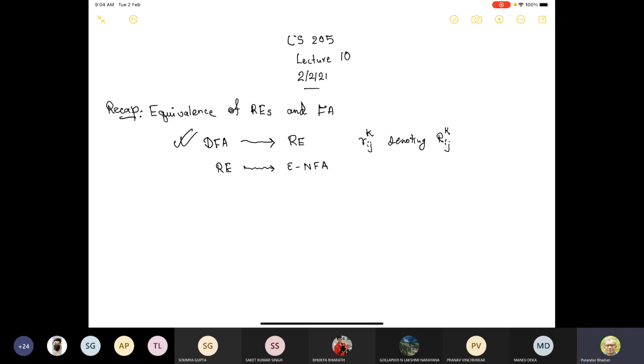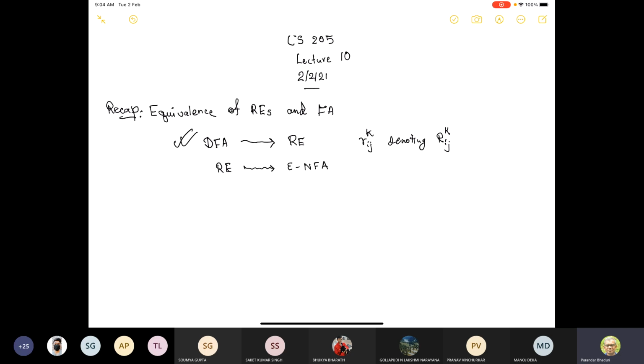But we have seen that DFA, NFA, and epsilon NFA have the same expressive power. They all accept the same class of languages, namely the regular languages. So there's no problem here. You can always convert an epsilon NFA into an equivalent DFA, right? So this proof is much easier.